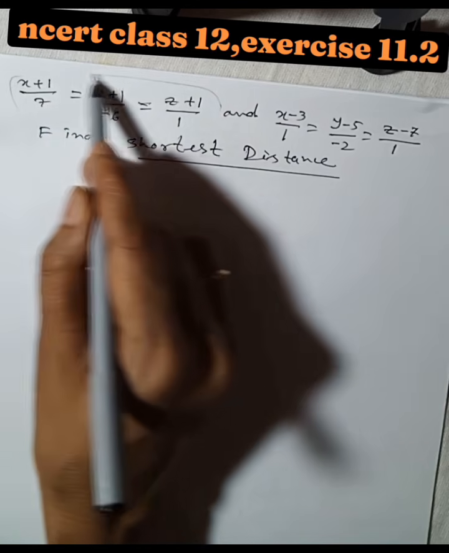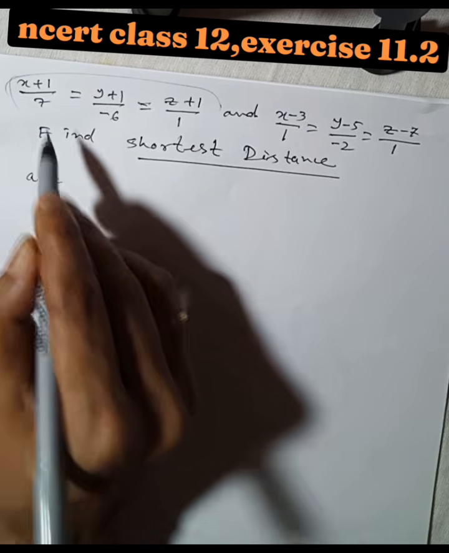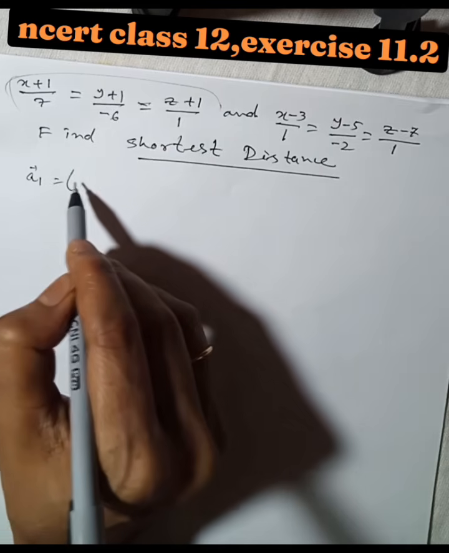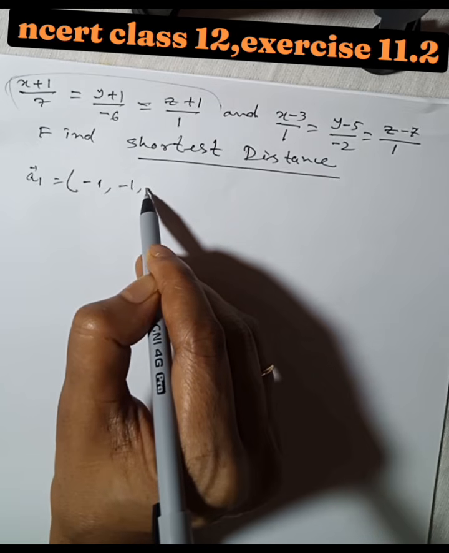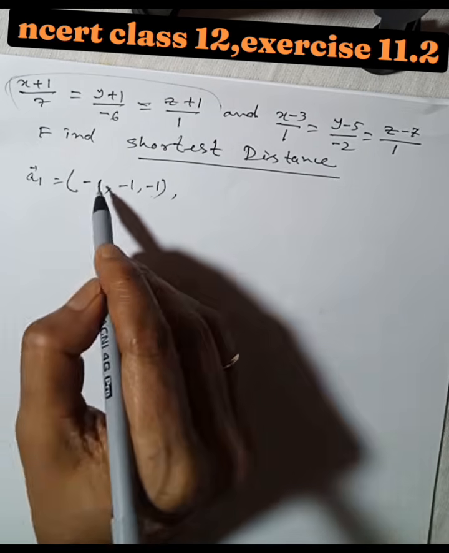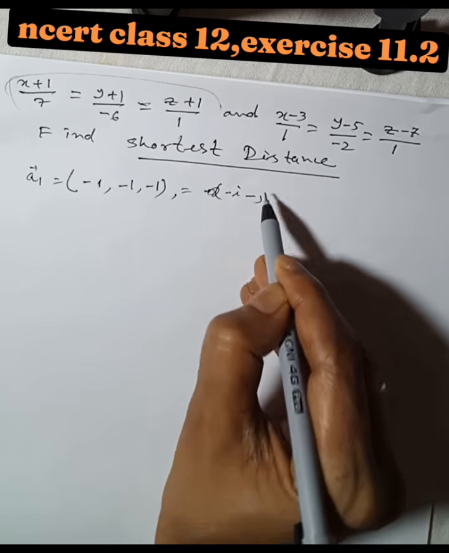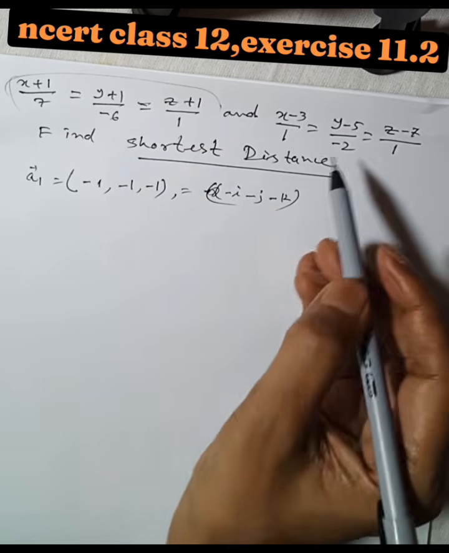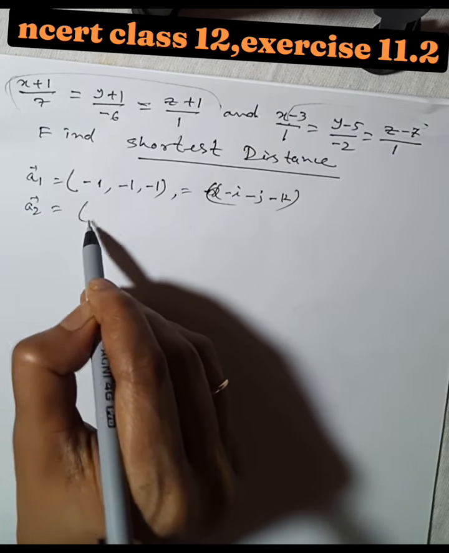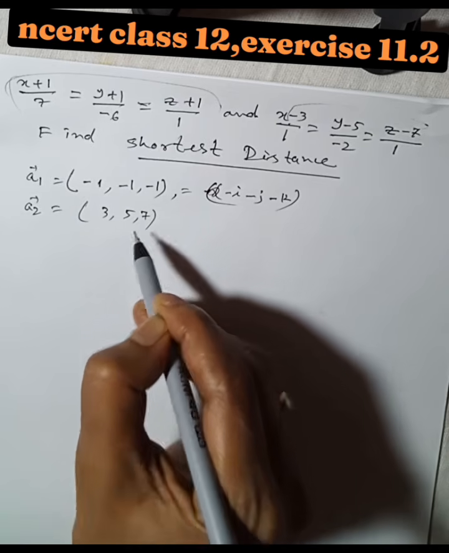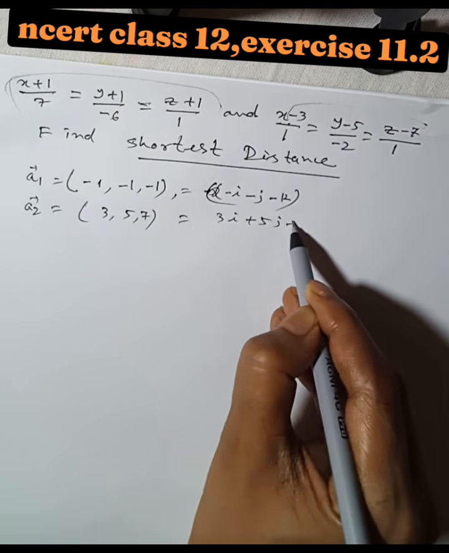This line is passing through a point; let the position vector a1 be -1, -1, -1, meaning -i - j - k, and the other line is passing through the point a2 = (3, 5, 7), with position vector 3i + 5j + 7k.